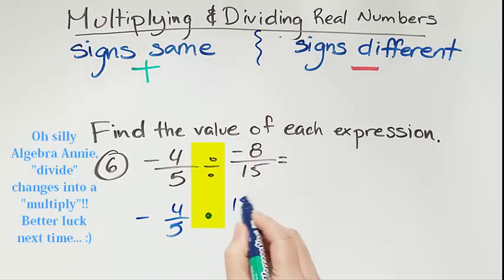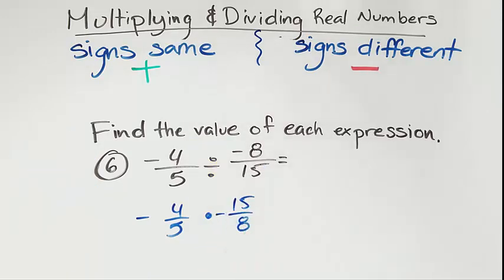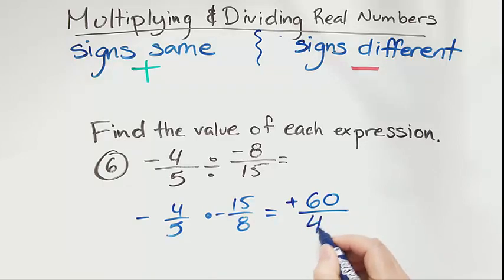So this is 15 over 8, and the whole fraction was negative, so you keep it as negative. A negative times a negative, same signs, means my answer is positive. With fractions, you just multiply straight across. So 4 times 15 is 60. 5 times 8 is 40.